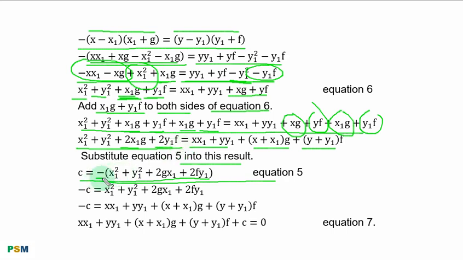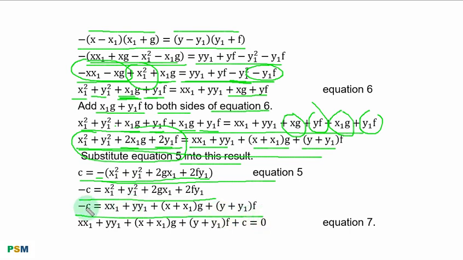To remove it, multiply through by minus 1. You have it in this form. So you come here, you replace this term with minus c. In this result, you have it in this form.